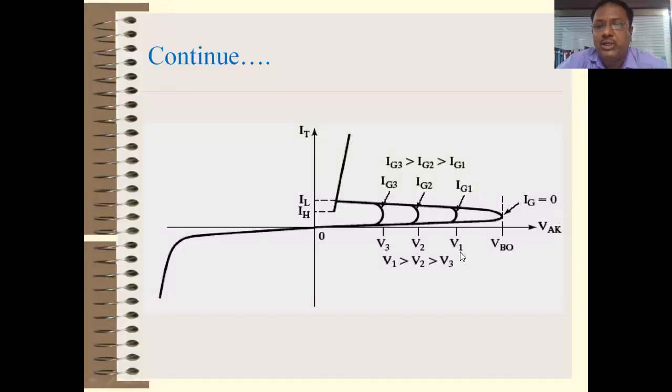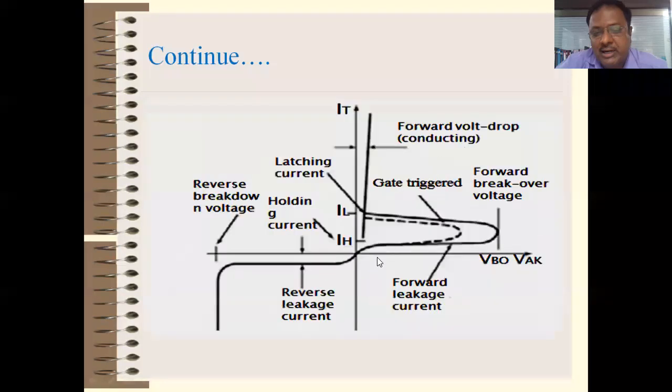See, V1 is a higher voltage than V2, but at that time the gate current is lower. V2 is a lower voltage, and at that time the gate current increases. Then V3 is again a lower voltage, and the gate current increases further. So as the gate current increases, the required voltage to turn on the device decreases. That is shown with the help of this graph.